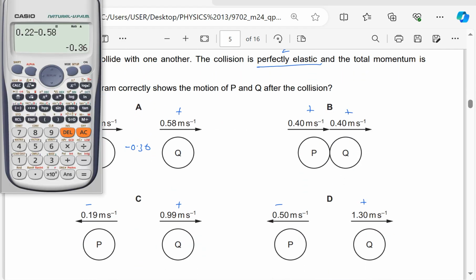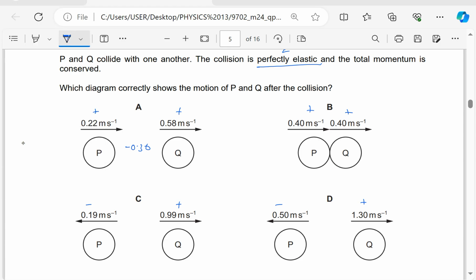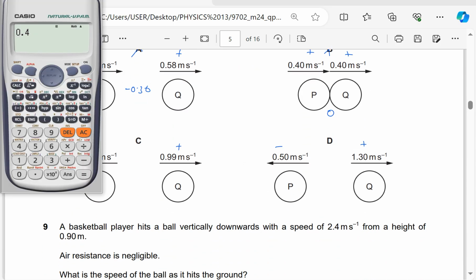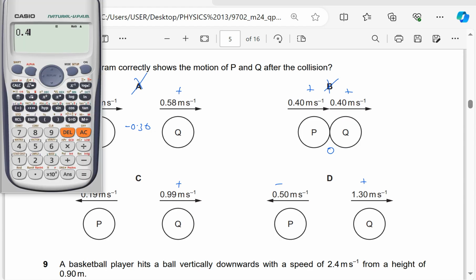We can check the second one, 0.4 minus, of course, this one gives us 0. So A is wrong, B is wrong. We can check C. C is telling us that we have 0.99 minus 0.19.